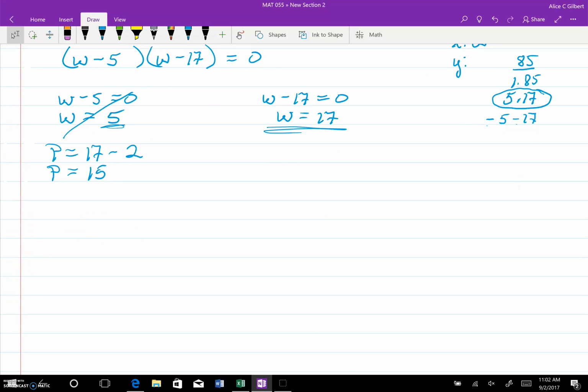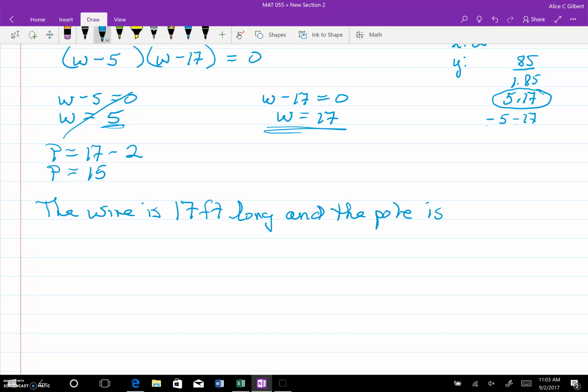And if I have time, I'll check this. So we say the wire is 17 feet long and the pole is 15 feet high.